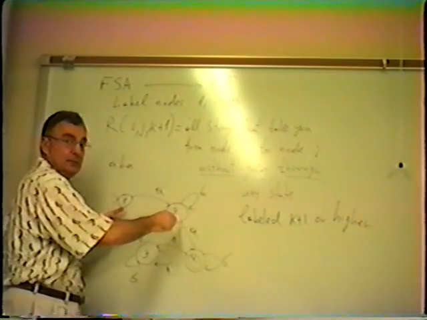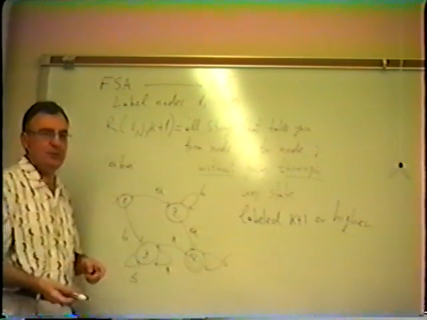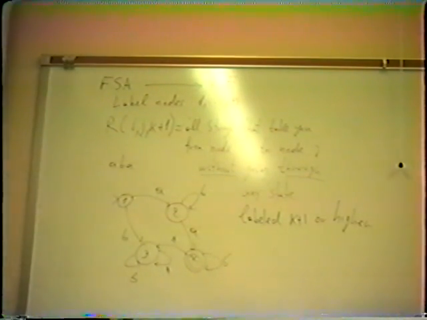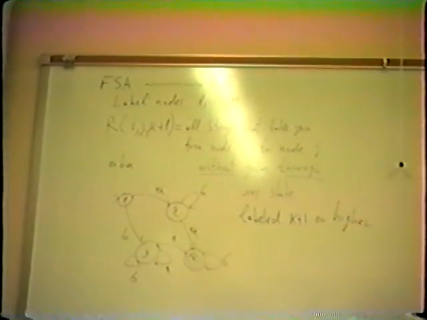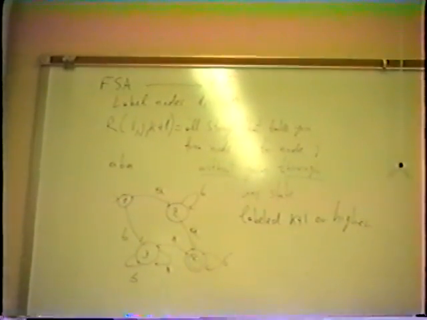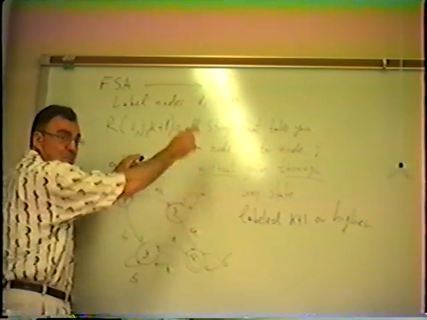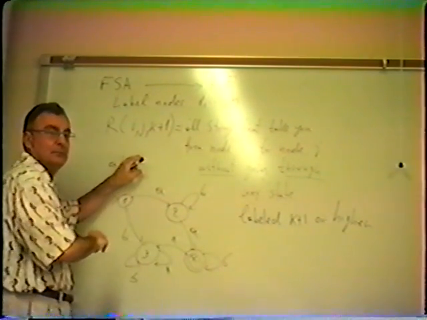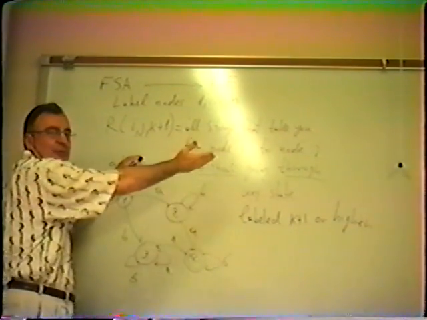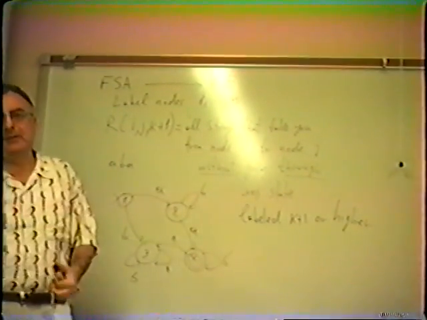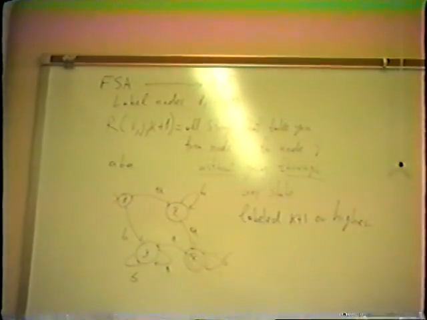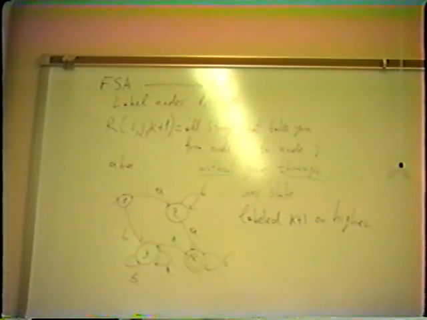A, B, A. You just went through state 2. Going through a state means you visit it and then you exit it. So you have at least one symbol to get you there and one symbol to get you out of there. The string AB. A, B. Did you go through 2? Yes. You entered it with A, you exit with B, regardless where you went. You ended up coming back to it, but you went through it. Right? The string A, you did not go through. With one symbol, you cannot go through any state.